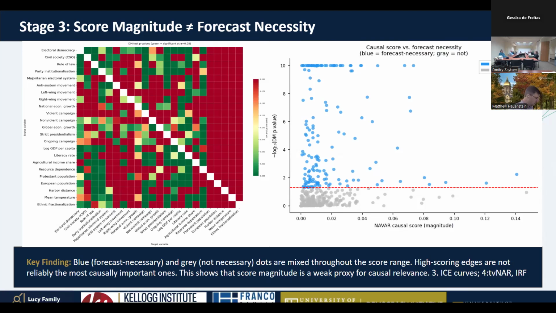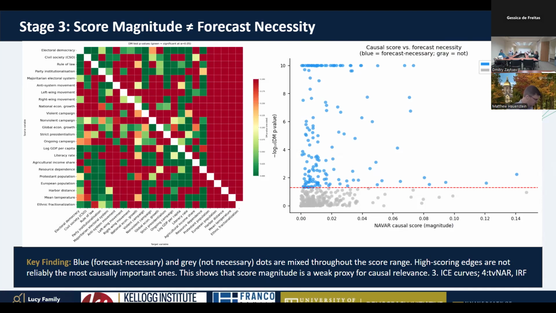How important is each variable for forecasting the other variables in the last 5 years of the time series? And these are evaluated through a process called edge ablation, which is basically removing the variable from the model and looking at how that affects a loss statistic for the model as a whole.